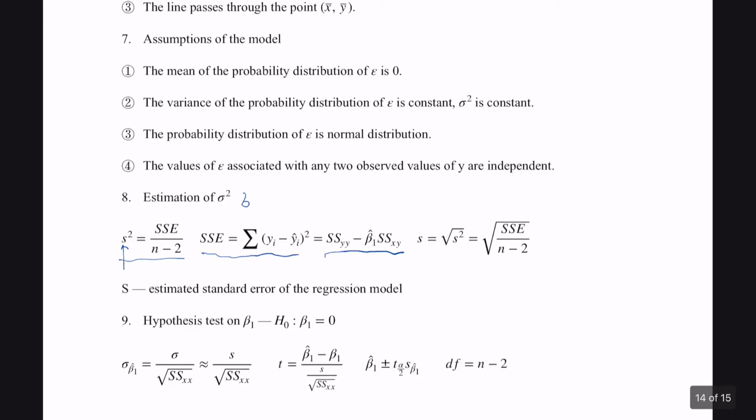For the following part of this chapter, it just involves hypothesis test and confidence interval, as we have talked a lot about hypothesis test and confidence interval.